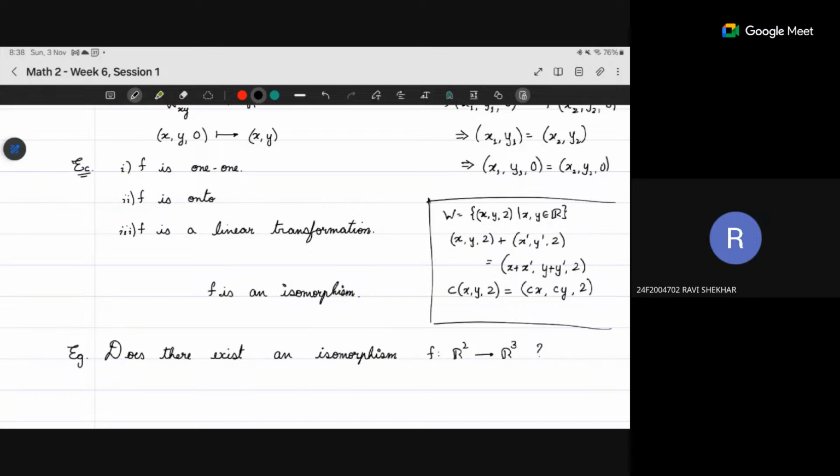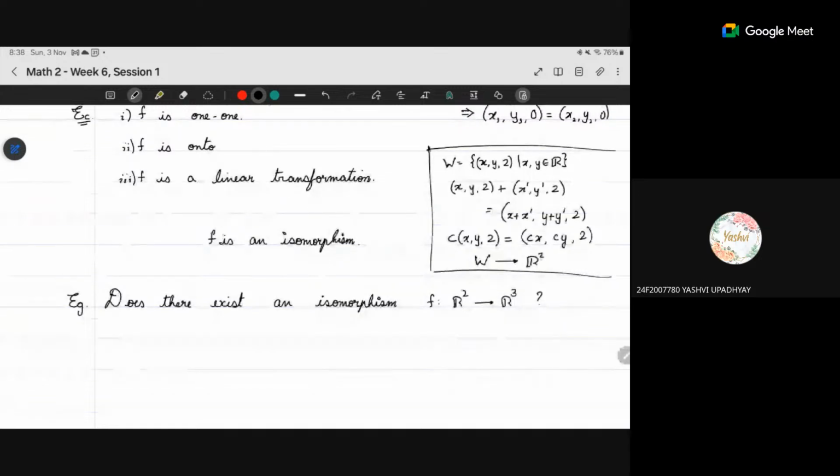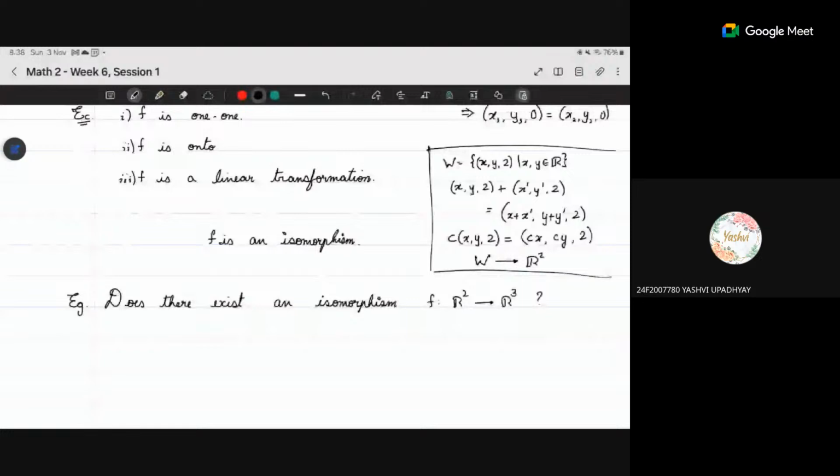Yes, sir. We'll have to define the additive inverse as (x, y, minus 2) here. No, you just do minus x, minus y, and the third coordinate stays 2 itself, because your inverse has to lie in the set.